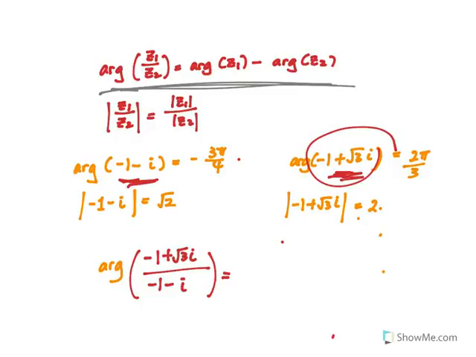So it should be 2 pi over 3, because this is the numerator, subtracting -3 pi over 4. And you obtain your answer to be 17 pi over 12.